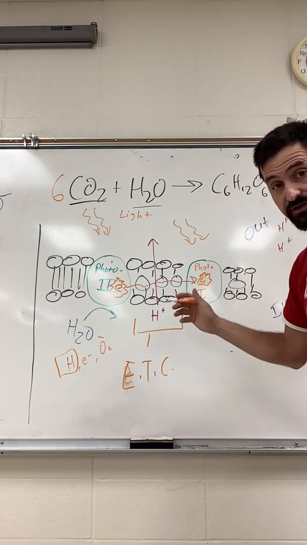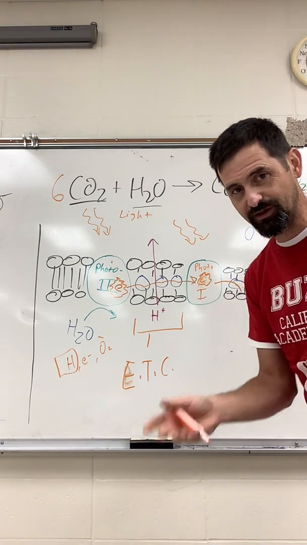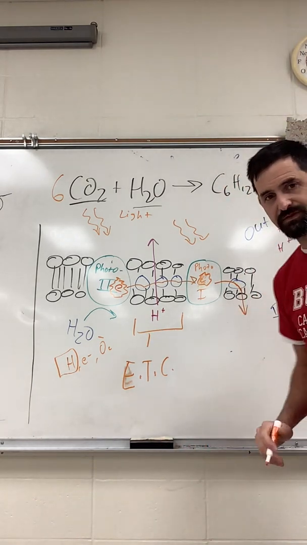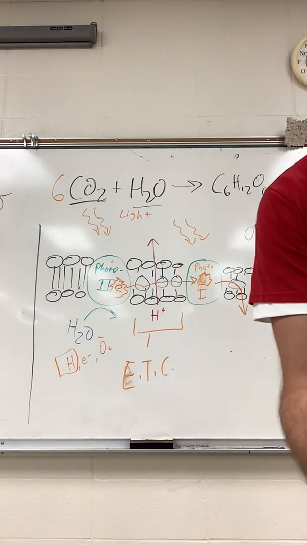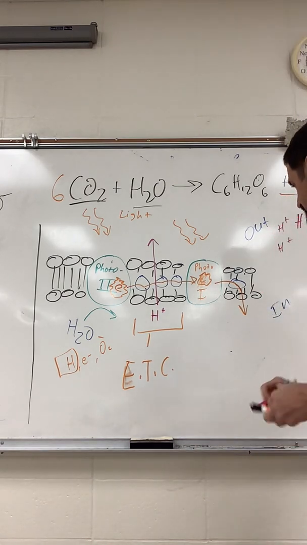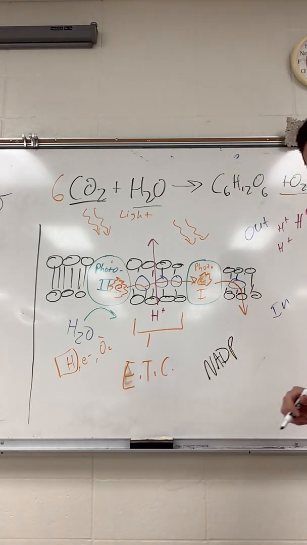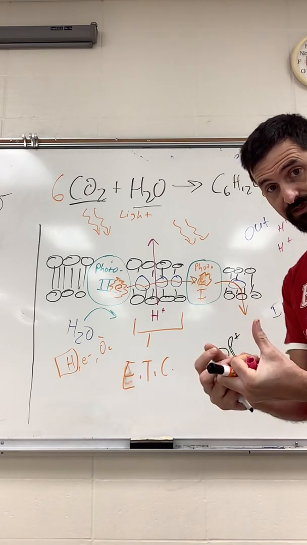Here, we re-energize that electron, we pass it along to another molecule, which then hooks it on to this material called NADP, and NADP gets charged up and becomes NADPH. Right? So we said that NADP is an electron accepting molecule.